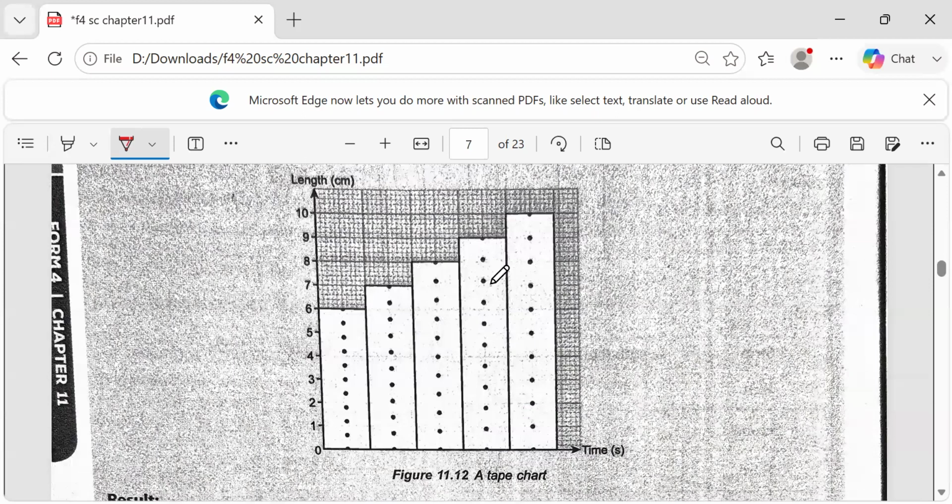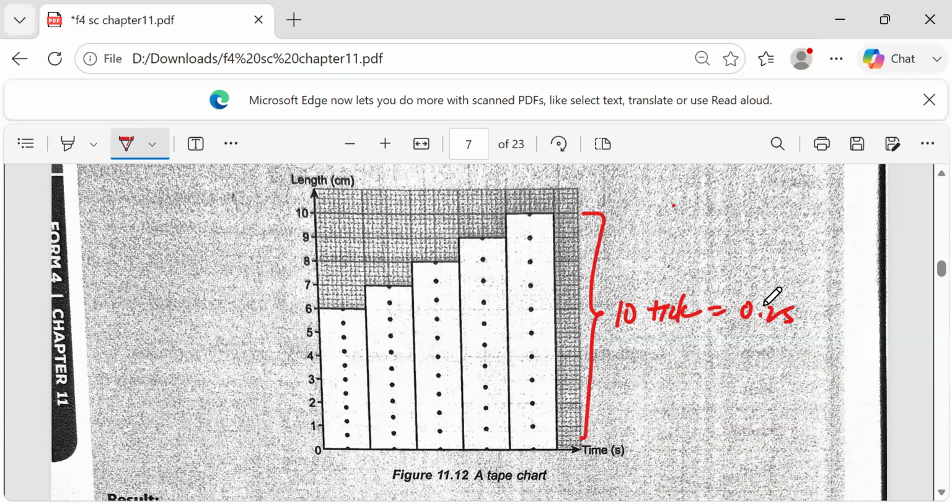Now is this one faster or slower? Is it becoming faster or becoming slower? The time is still 10 ticks, 1, 2, 3, 4, 5, 6, 7, 8, 9, 10, but its distance is longer. Each one is 10 ticks, right? So all is 0.2 seconds.